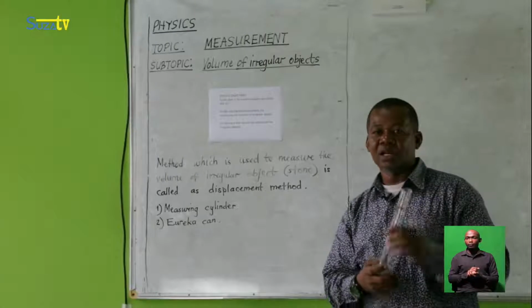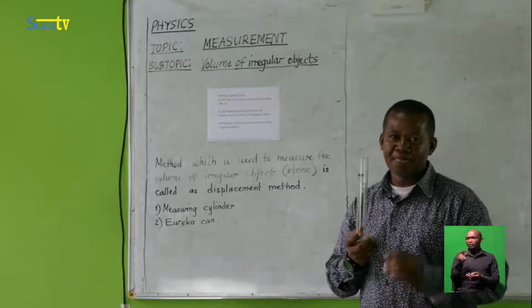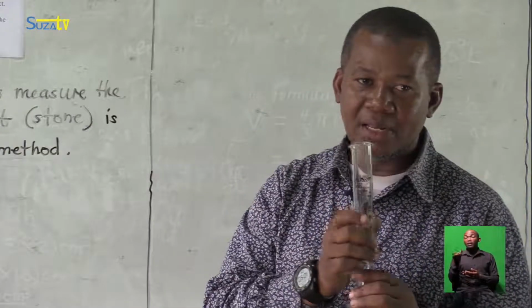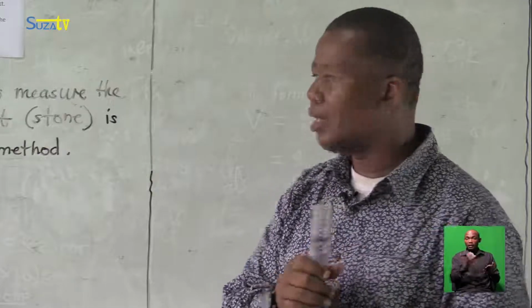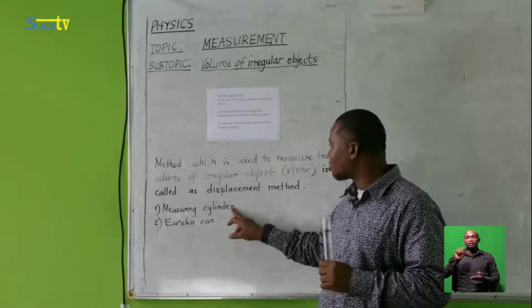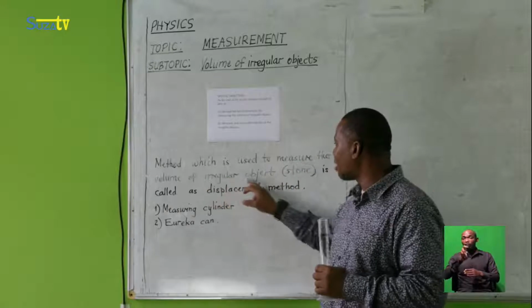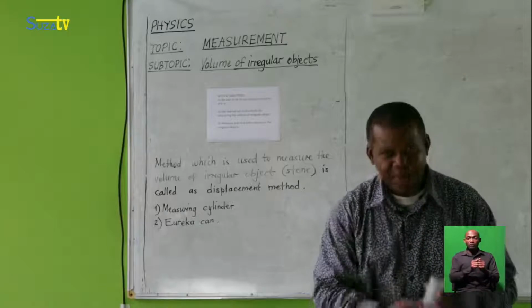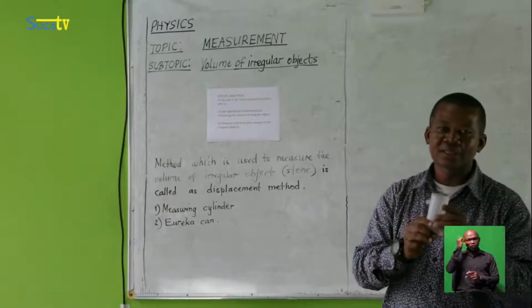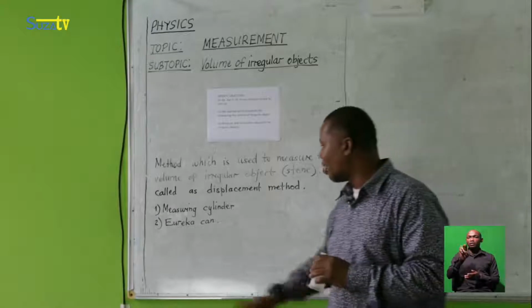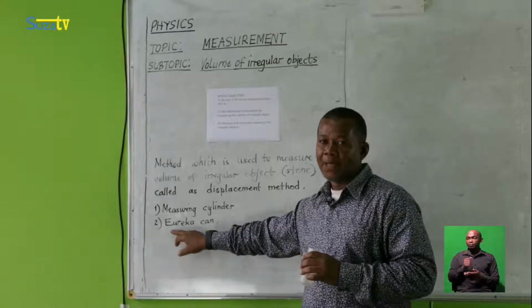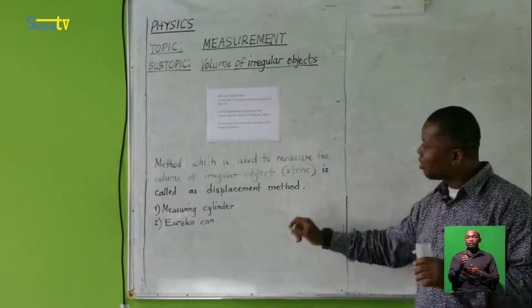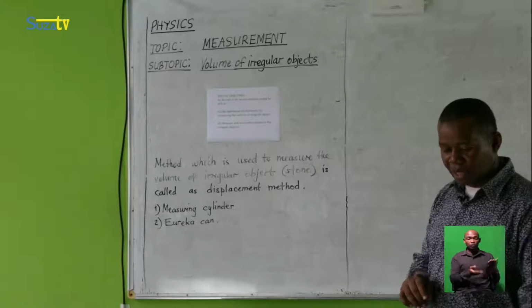Who is ready to tell us what this is? Okay. This is a measuring cylinder, which can be used to find the volume of the irregular object like a stone. And can you remember what this is? Okay, this is the Eureka can. Now all of you say Eureka. Again, Eureka. That is the Eureka can that is used to measure the volume of the irregular object.